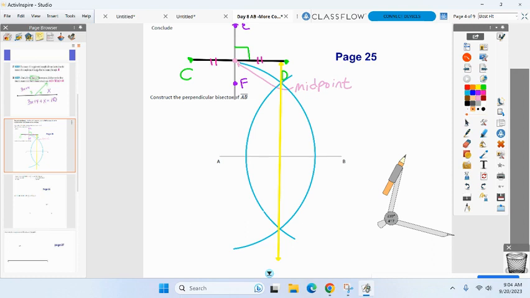Where it intersects is your midpoint. Let's get in the habit of putting markings on there that say it's a perpendicular bisector. We should have a right angle symbol and hash marks. If you want to mark that point, that's fine, but I should have a right angle symbol and hash marks.